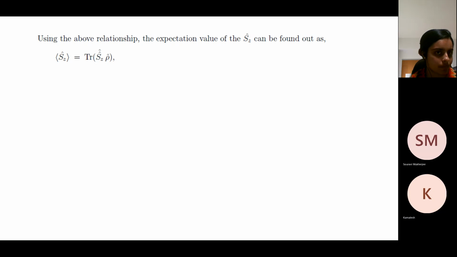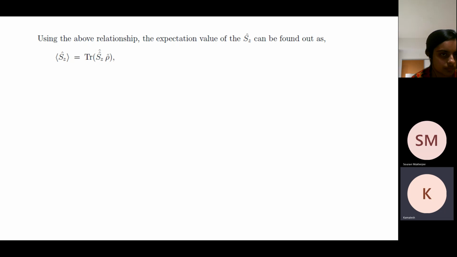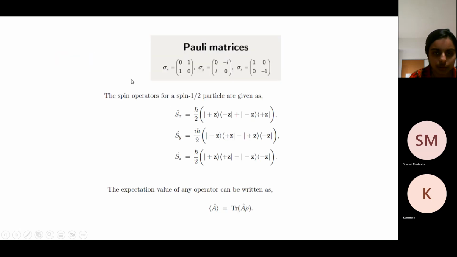Ma'am, I have a doubt. Yes, tell me. Can we directly multiply the two matrices? Yes, you can, so you can do both. Suppose you are using Sz, you can use this expression and then use the outer product representation of rho and do the multiplication, or otherwise you can just multiply the matrices.